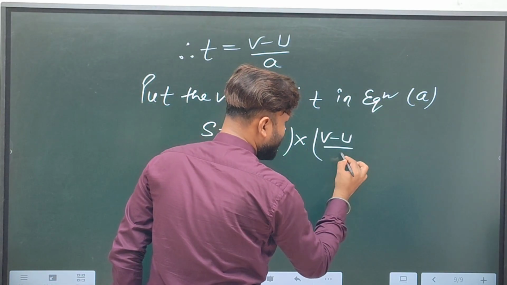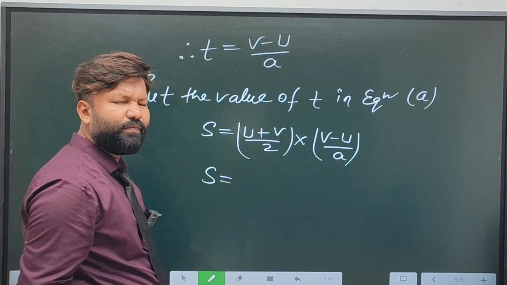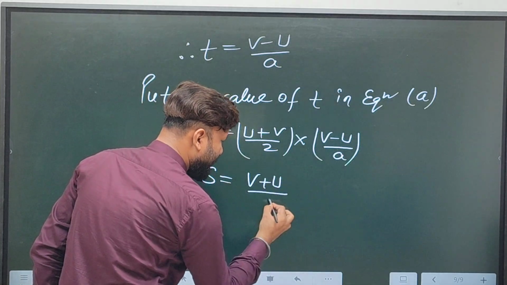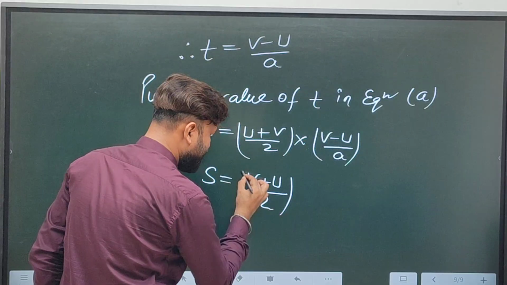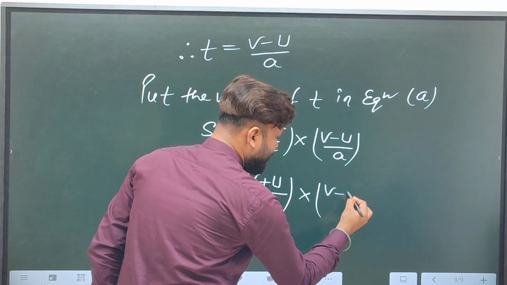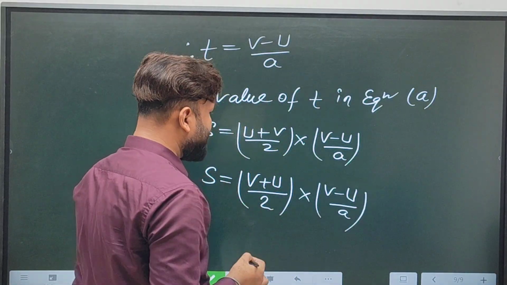Students, can we write like this, u plus v? So we can write v plus u also. U plus v, v plus u we can write. v minus u by a.